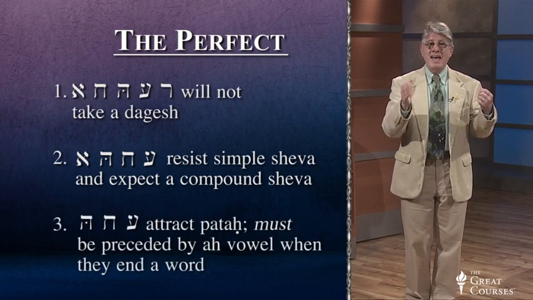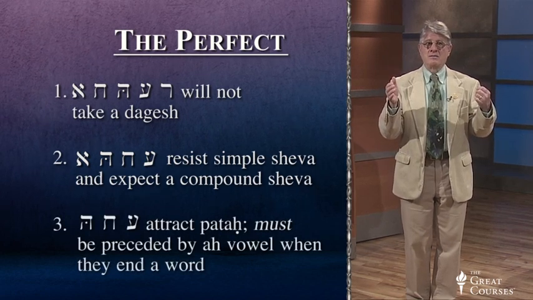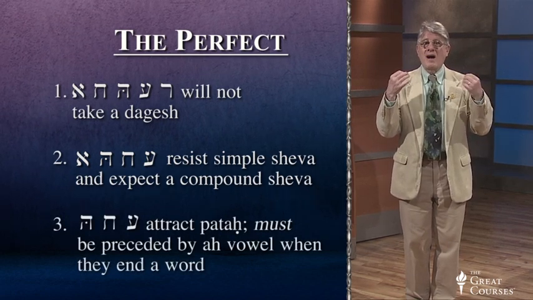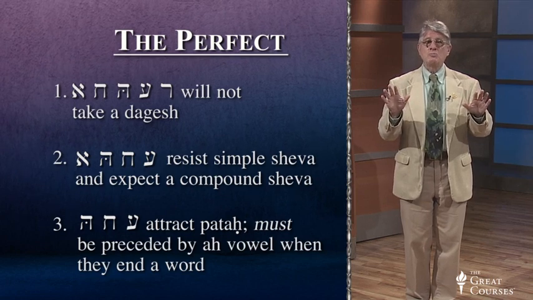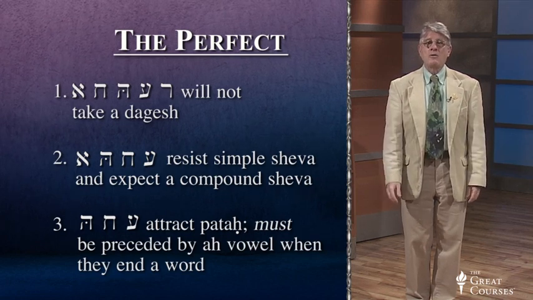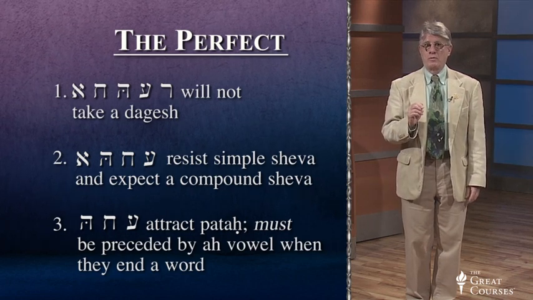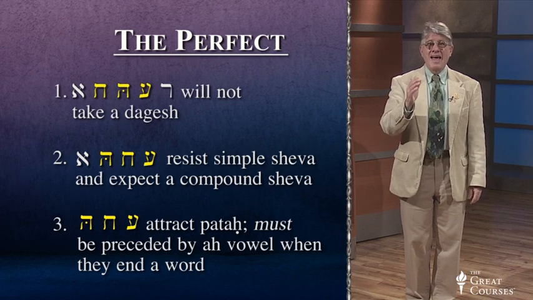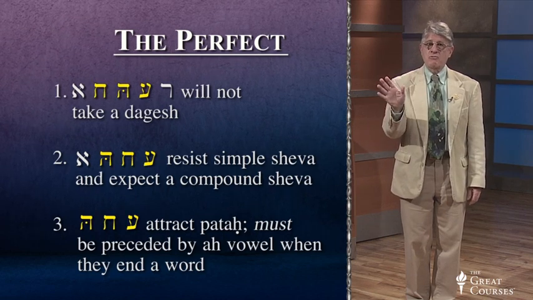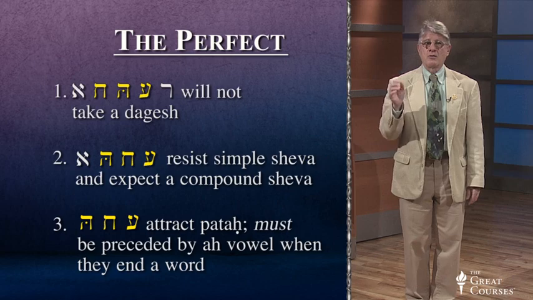And the letters He, Chet, and Ayin attract the vowel patach and must be preceded by an a vowel when they end a word. As you can see, He, Chet, and Ayin are the three musketeers of the gutturals. They act alike. None of the kal forms demand a dagesh, so that rule will not affect us right now.